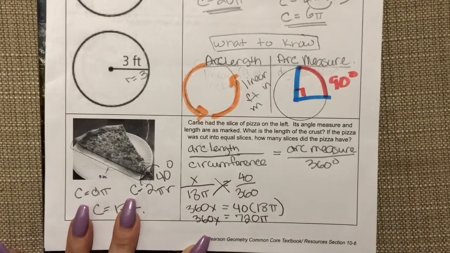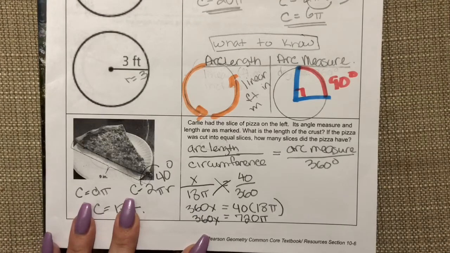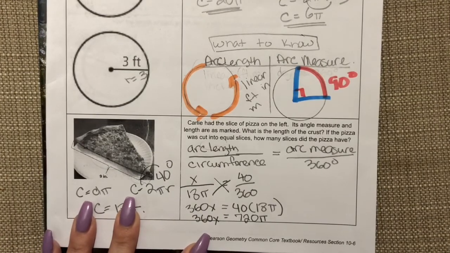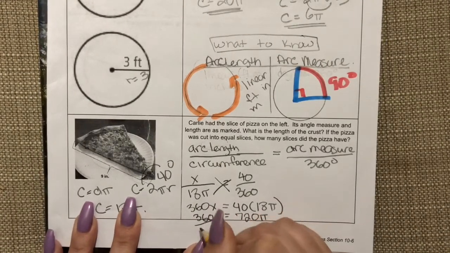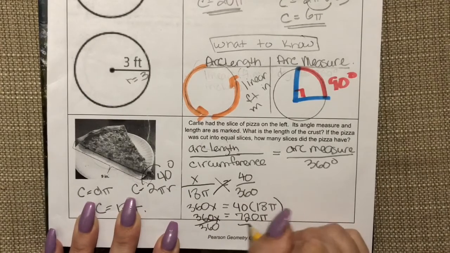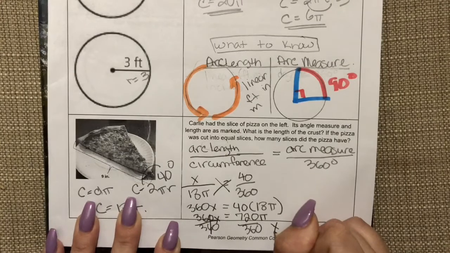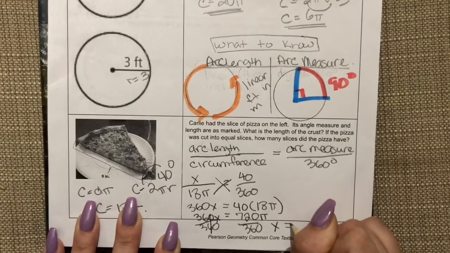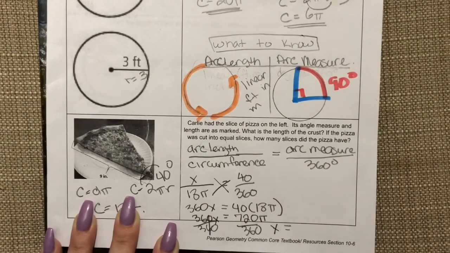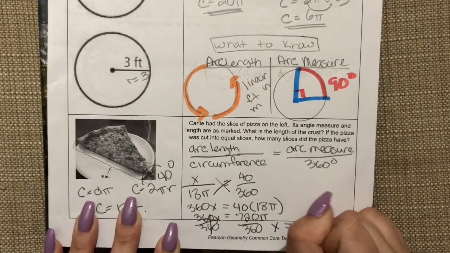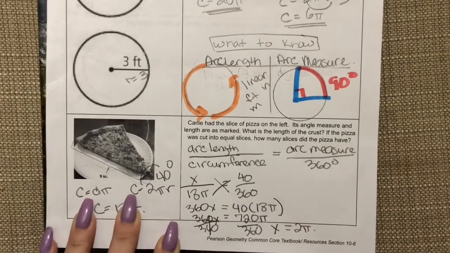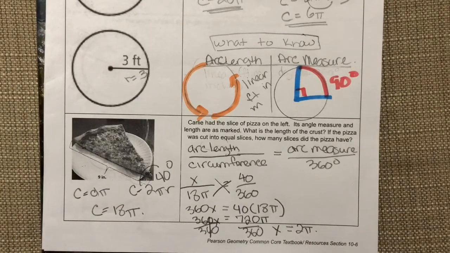And then the only way to get x by itself in this case is to divide by 360. So x is going to equal 2 pi. Now I want to actually answer the question, because it says how long is the pizza crust.